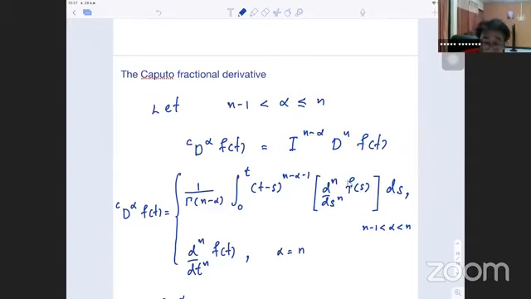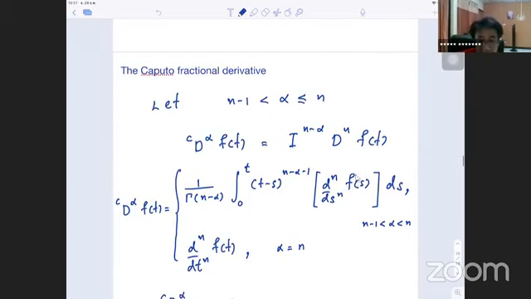Observe that if f is constant, then because this is the integer derivative, the derivative of a constant is 0, so the fractional derivative of a constant is 0.